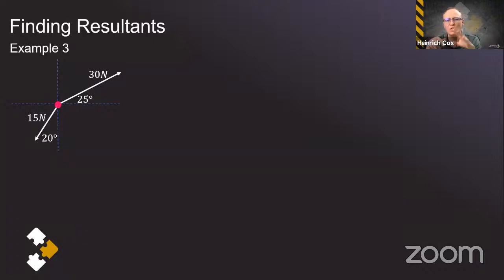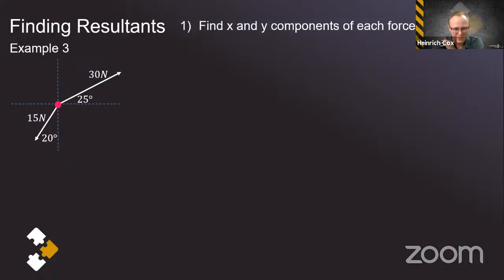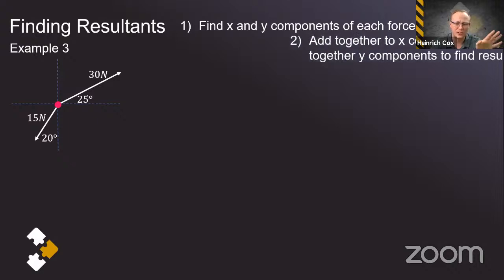Because we saw at the start, it's easiest to add together vectors that are in the same line of action. So what we do is we take our vectors and break them up into x components and y components, because those x and y components are then easy to add together. So we're going to find the x and y components of each of these forces.